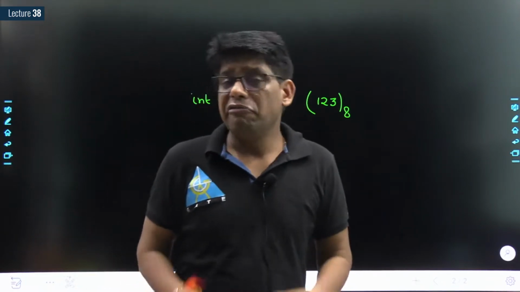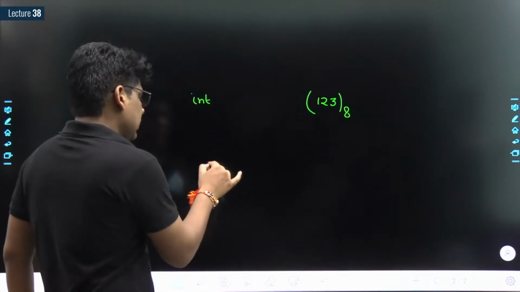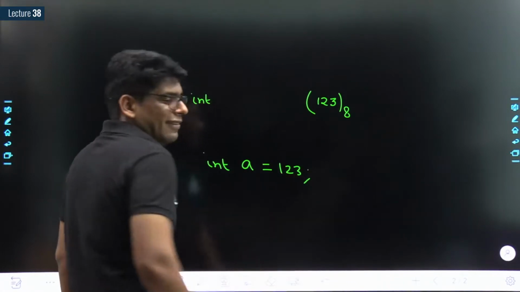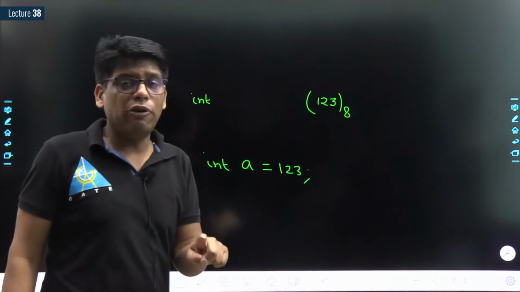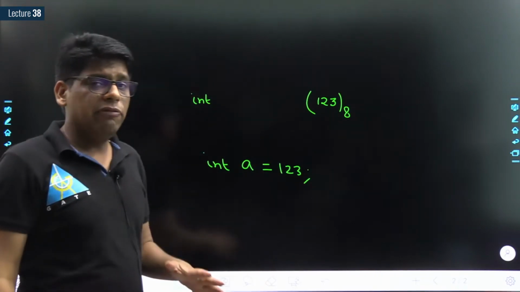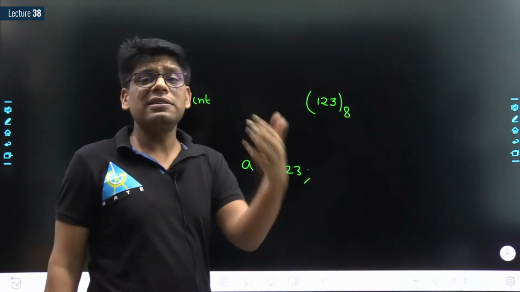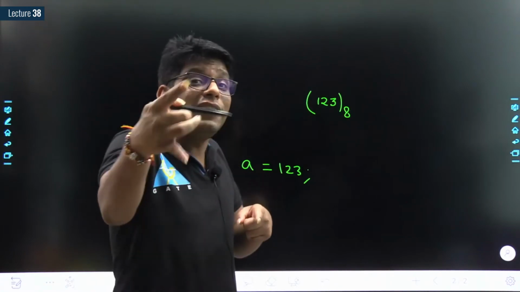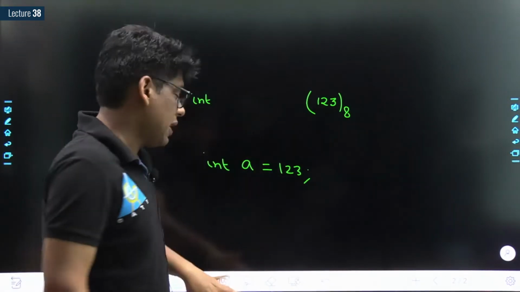Then sir, we need to tell the compiler something special. If I tell the compiler int a is equal to 123, how does the compiler get to know that it is written in octal? Because by default, the compiler understands that any integer literal is in a decimal number system. That means we have to provide something special, something extra. Sir, what is that something extra?